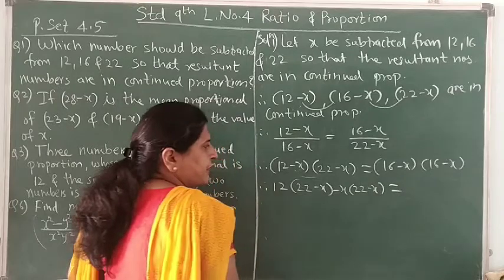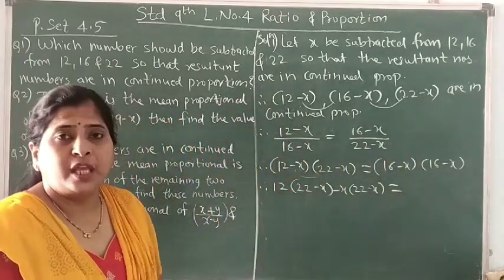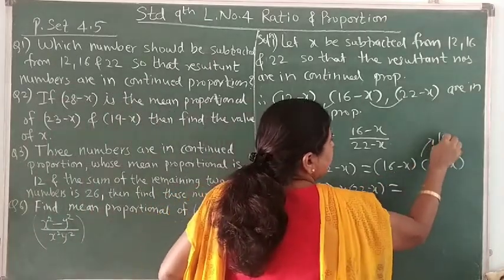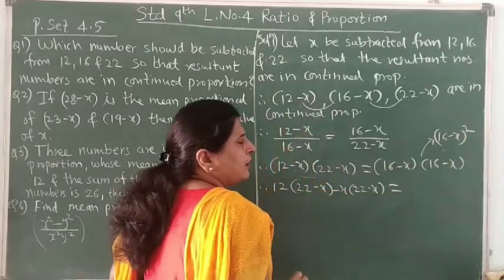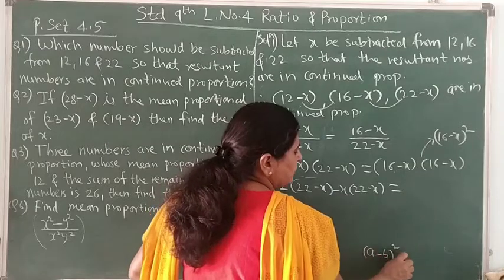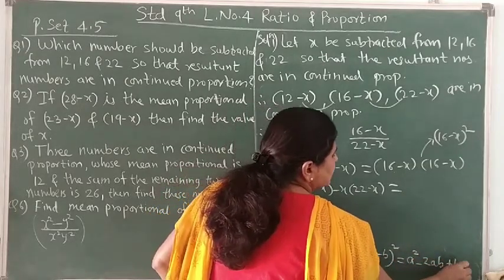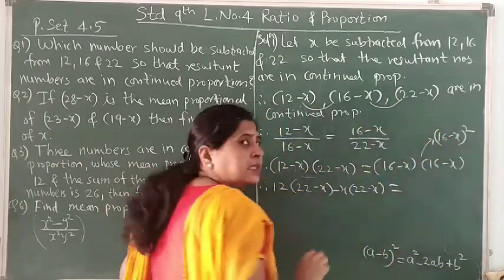That equals to. Now here, either you can use the identity of a minus b the whole square, because this side is nothing but 16 minus x the whole square. Twice means it is square. If we want to use the identity a minus b the whole square equals a square minus 2ab plus b square, in this case a means 16.